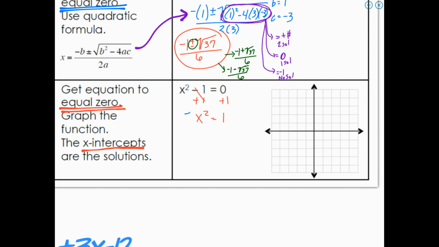Well, what's the square root of 1? 1, right? Positive 1 times itself gives me 1, and negative 1 times itself gives me 1. So I already know if I were to work this out, what my solutions would be. My solutions would be negative 1 and positive 1.